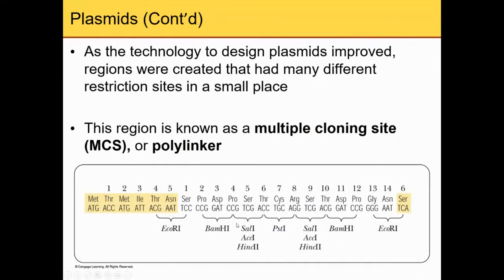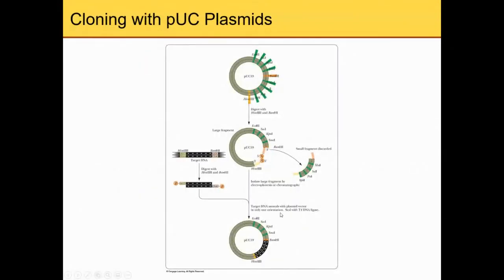Multiple cloning sites, I mean those are the restriction enzyme sites, all right, polylinker, all right, polylinker or multiple cloning site are this group of restriction enzyme sites. So you can design and put the DNA into either one of these locations, right? Perform the cloning.